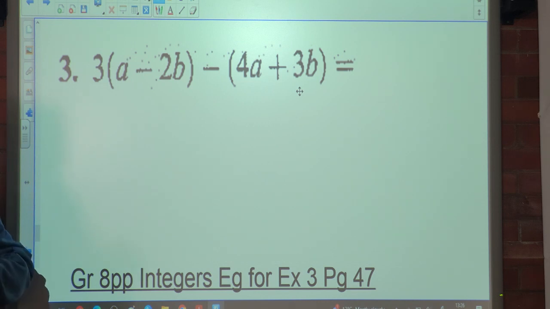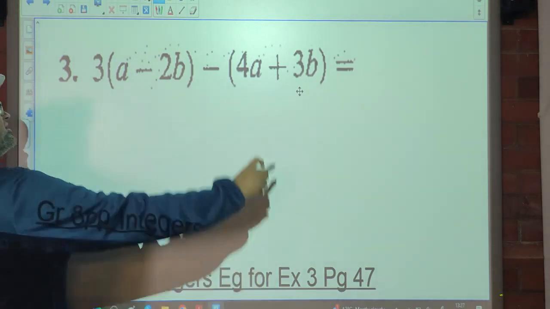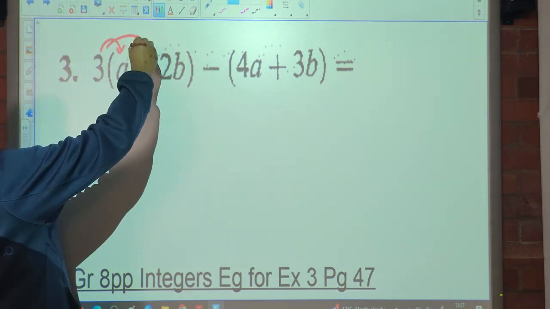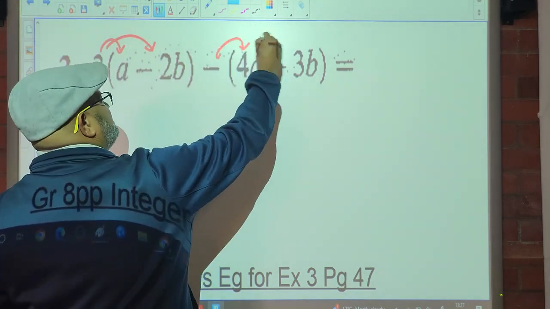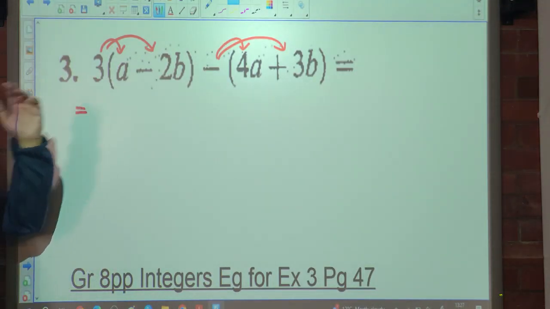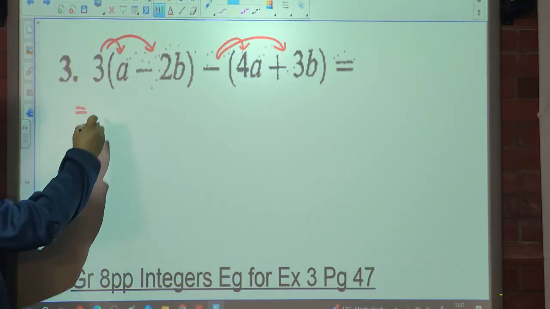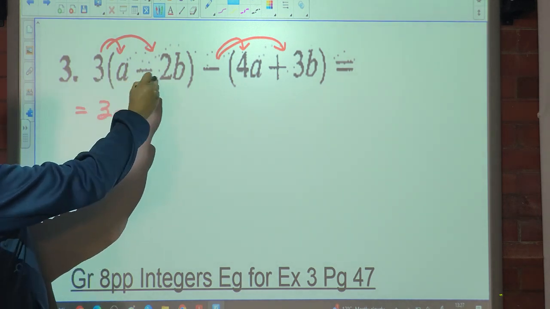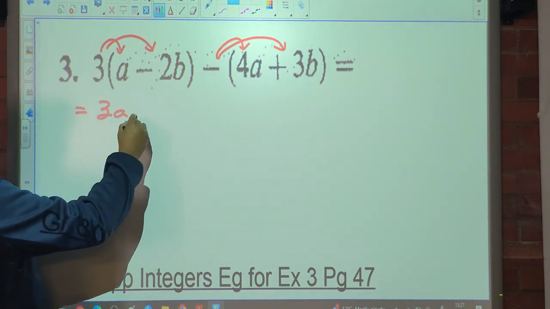Plus and minus sign. 2 terms is a binomial. Okay. So we're going to multiply the 3 out to get rid of the first bracket, and negative 1 to get rid of the second bracket. What is 3 multiplied by a? 3a. 3 multiplied by negative 2b.